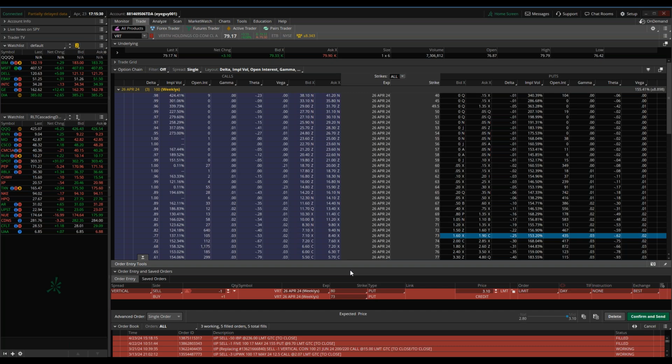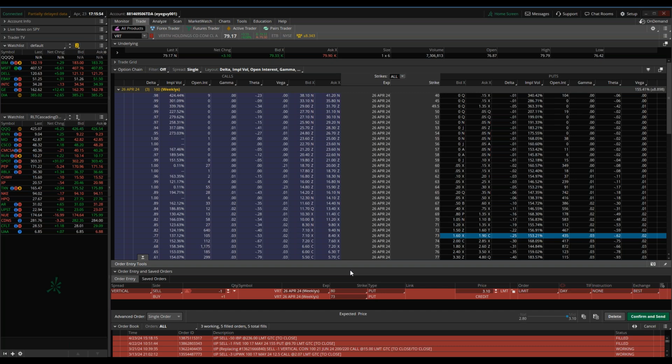If Vertiv moves to 80 and stays above it, you're going to get a really nice amount of money, but you're taking a tremendous amount of risk on a short dated spread. I'm not saying you can't do it. Just understand that if Vertiv makes a $1 move down, now you've still got a $3.10 cushion.